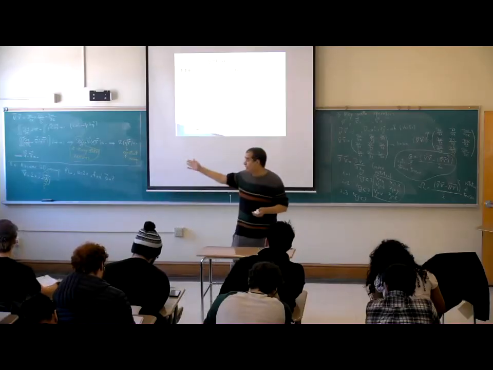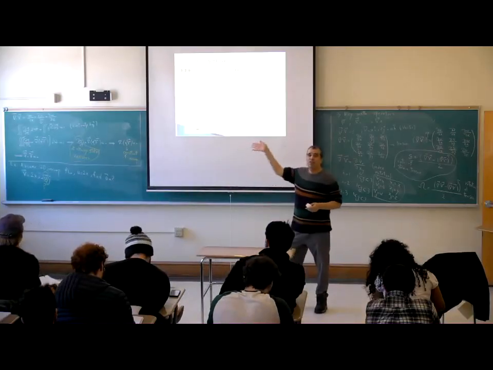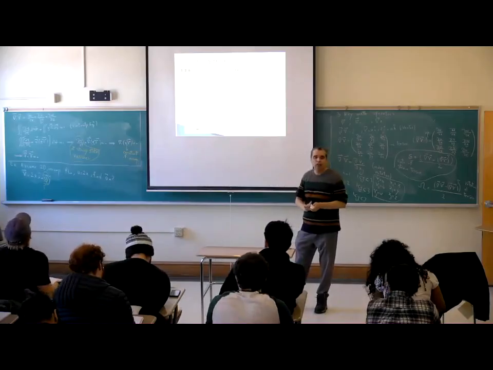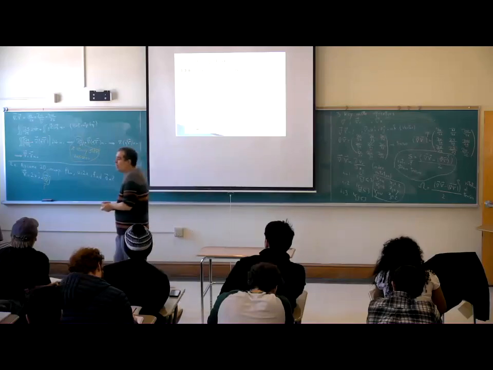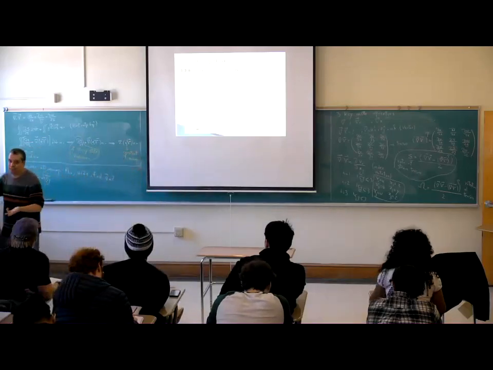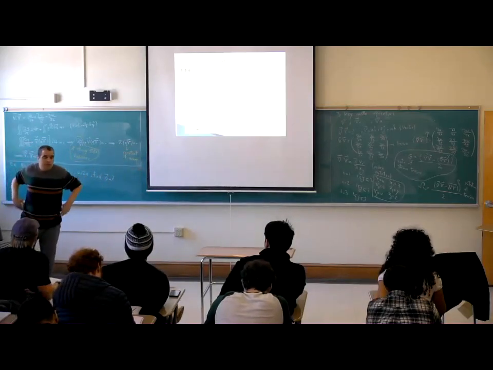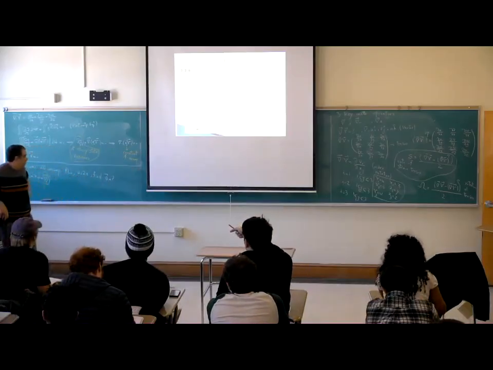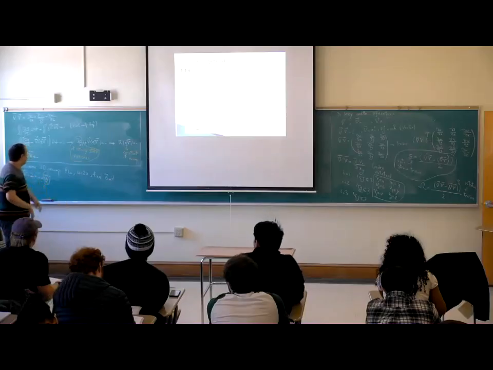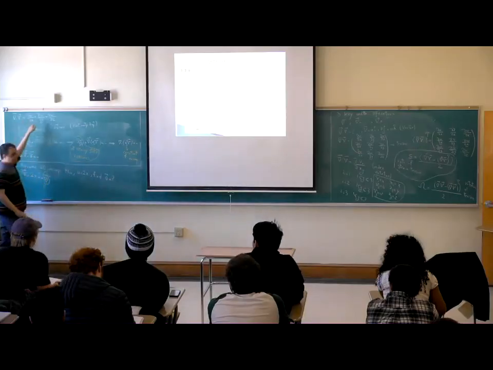Take a look at the board. Take a look from the very beginning and tell me what should I do. I don't know the V component, but I know the flow is incompressible. What should I do? Yeah, set it equal to 0 and do divergence. Exactly. I should go to this equation.